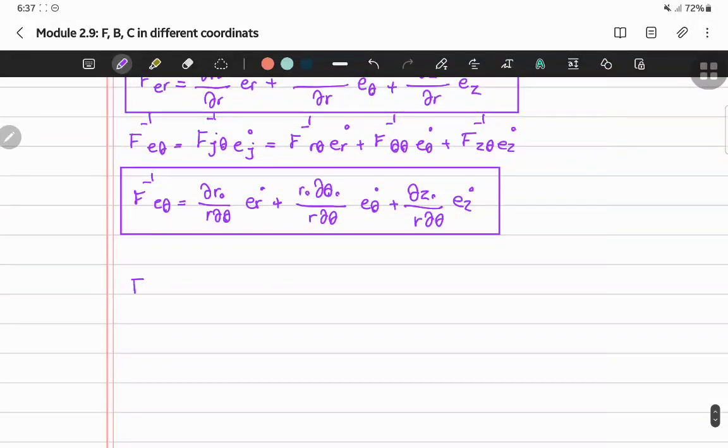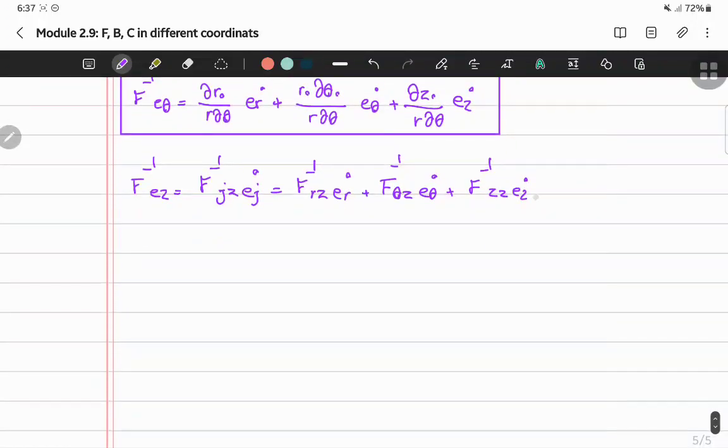And then I have to find F inverse ez, which is F inverse Jz eJ0, which is F inverse rz er0 plus F inverse theta z e theta 0 plus F inverse zz ez0.